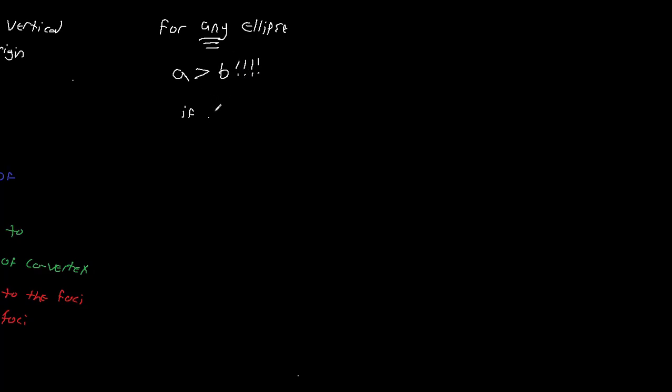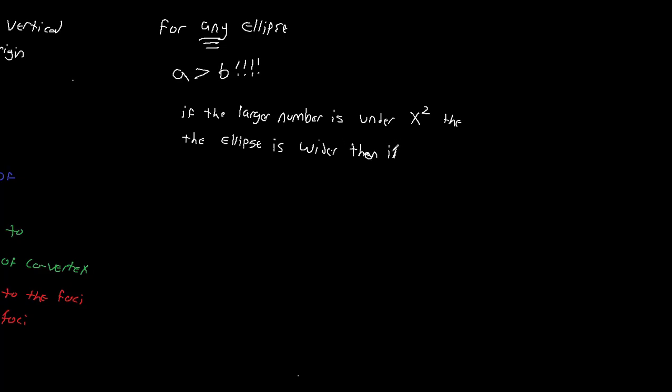So if the larger number is under x squared, then the ellipse is wider than it is tall, so this is horizontal.